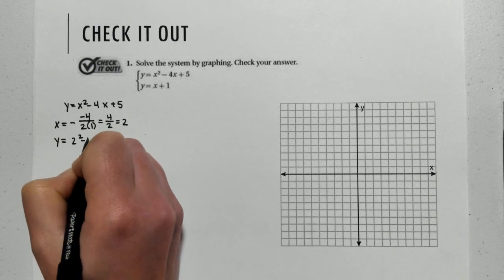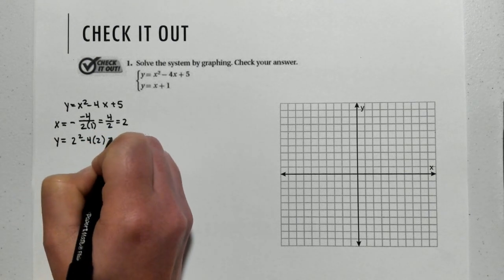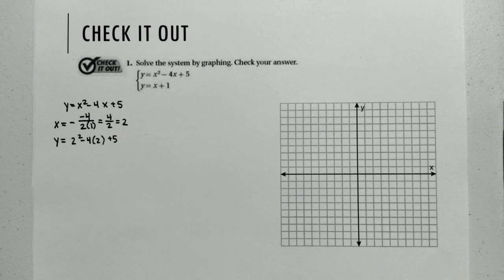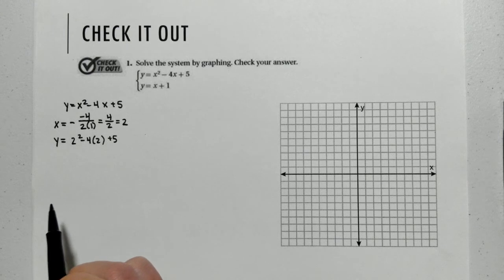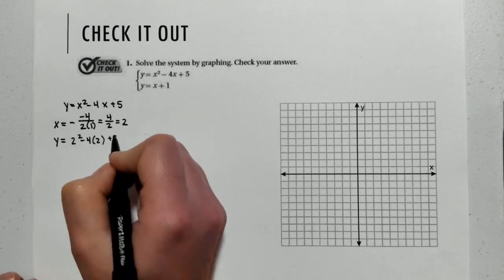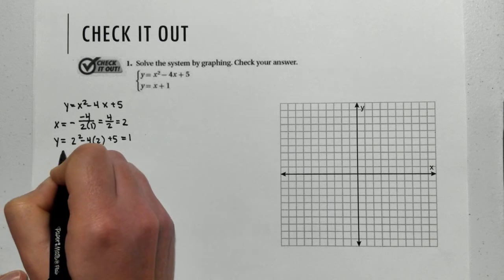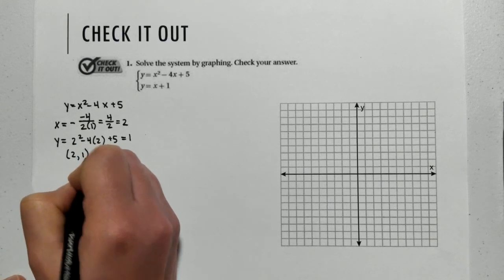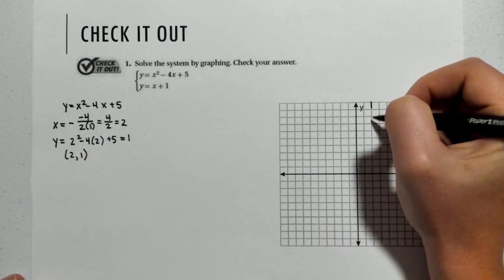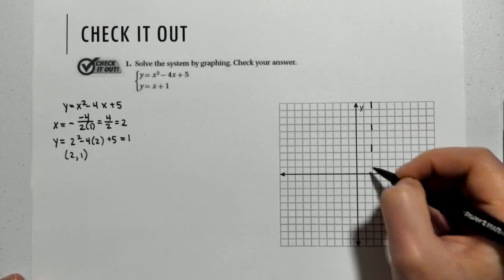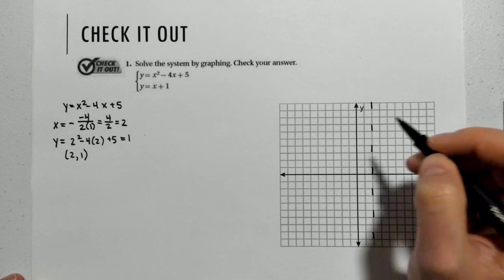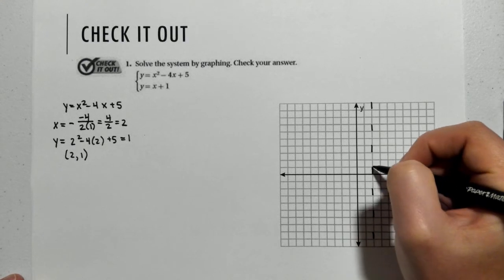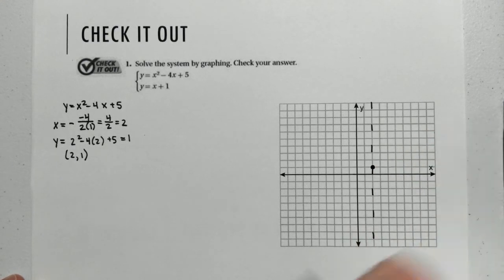So 2 squared minus 4 times 2 plus 5. 2 squared will give me 4. And then 4 times 2 is 8, so minus 8 and plus 5. That gives me a positive 1. So my vertex is 2, 1. So my axis of symmetry is at 2. And then my vertex is 2, 1. So right 2, up 1.